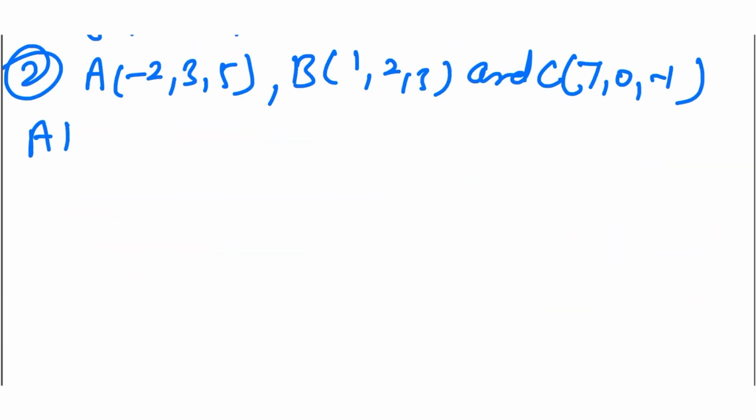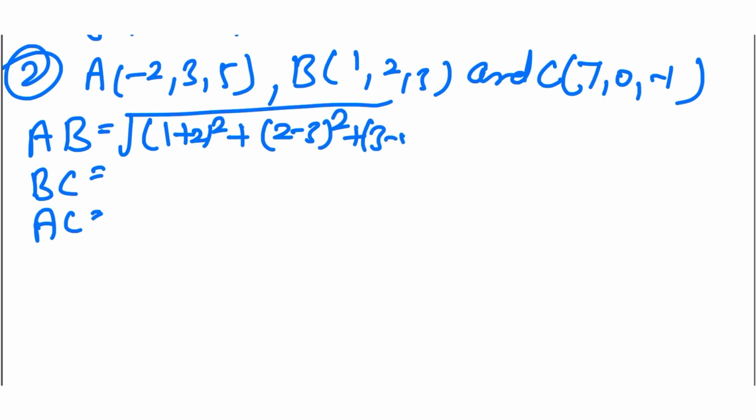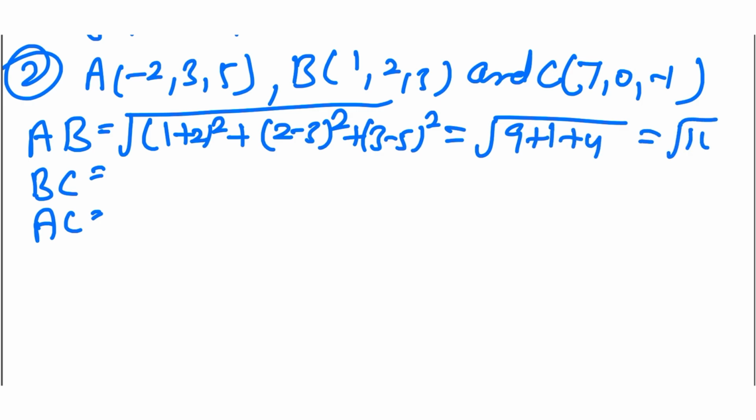So for collinear, we need to find the distance between AB, BC and AC. So using the distance formula, (x2 minus x1) square plus (y2 minus y1) square, we are applying that. So (1 plus 2) square, (2 minus 3) square plus (3 minus 5) square. That is equal to 9 plus 1 plus 4, which is root 14.